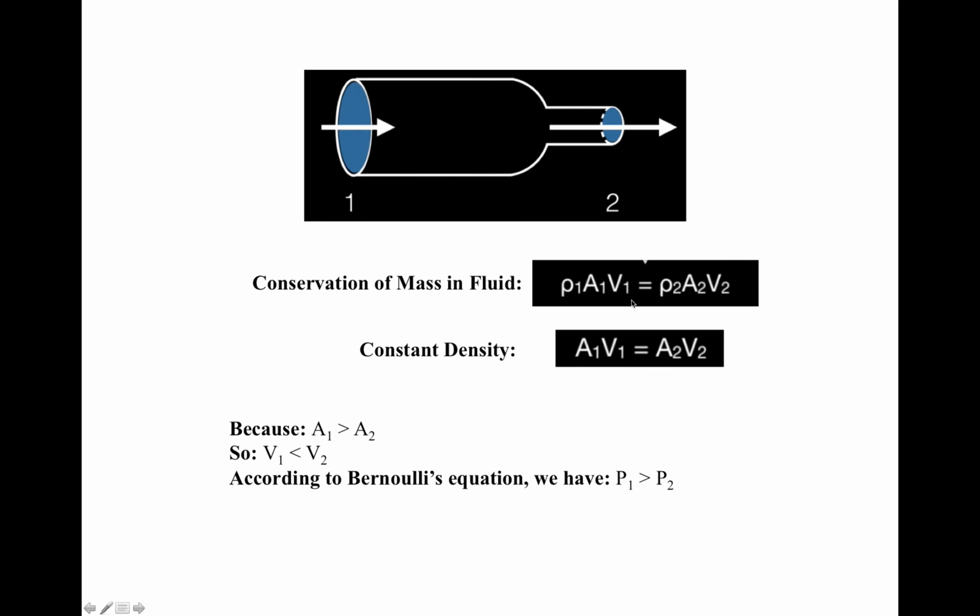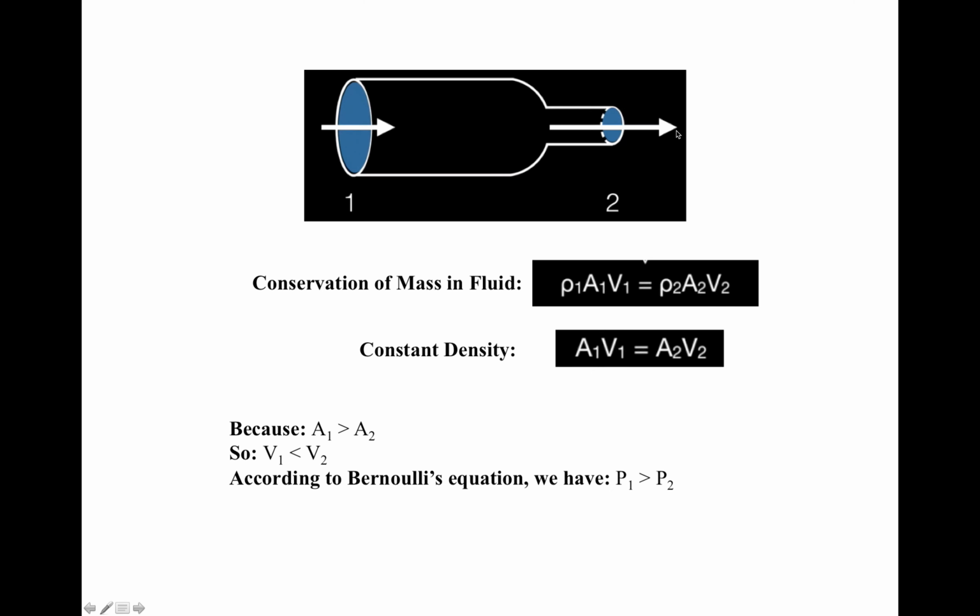Multiply by the density rho 1, and we get the total amount of mass flowing into this interface. We apply the same analysis at the other end: the density coming out is rho 2, the cross-sectional area is A2, and the flow speed is V2.